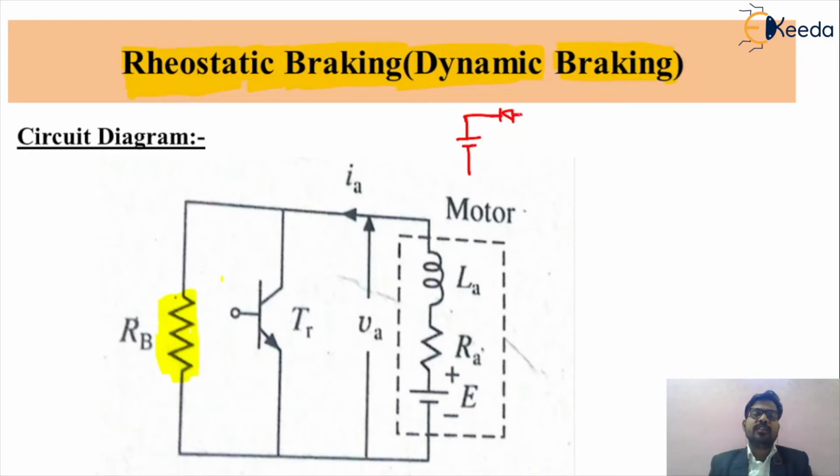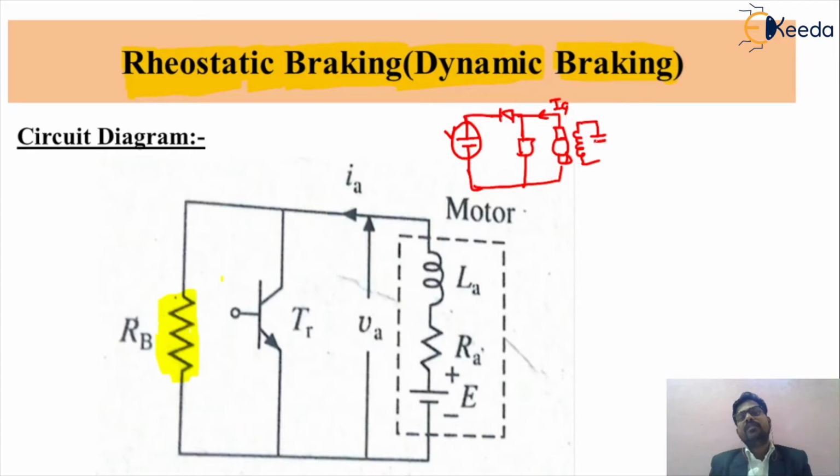We use one chopper circuit here and give the supply to the motor. This motor will supply the current to that diode. This is basically your regenerative braking.